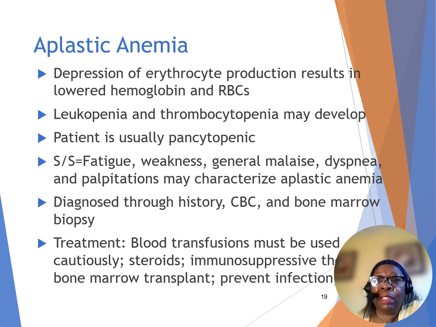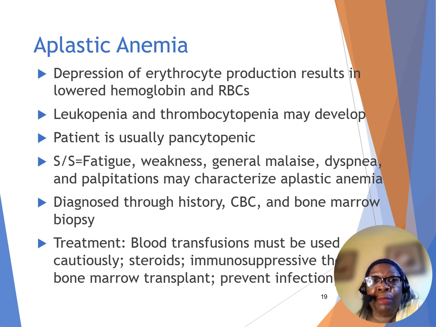Now, there's also something called, I don't see it on the slide. It's called hematopoietic cell transplantation or HCT, bone marrow transplantation. That's the treatment of choice for patients younger than 50 years old. Okay. Question.